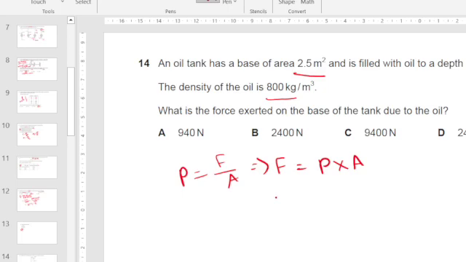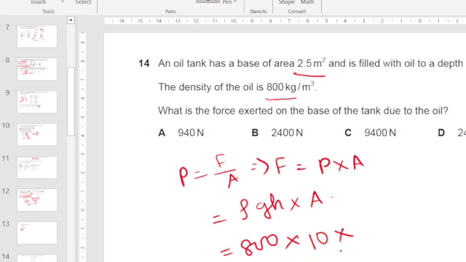So how to calculate the pressure? Pressure will be rho GH multiplied by area. So rho is density, 800 kg per meter cube. G is the gravity, let me take it as 10.